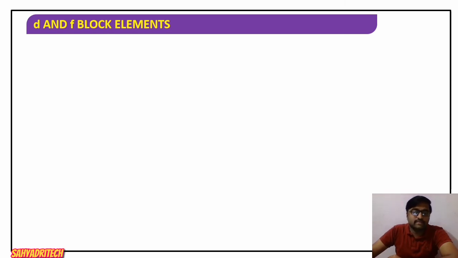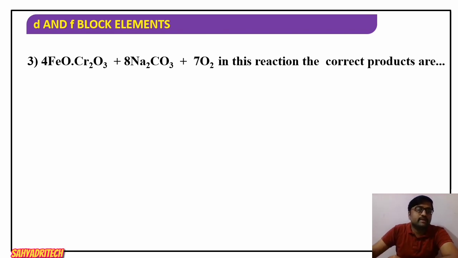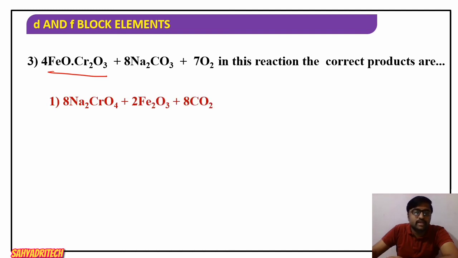Okay, well, next one, look at the equation 4FeO·Cr2O3 plus 8Na2CO3 plus 7O2. In this reaction, the correct products are? It is the first step of preparation of potassium dichromate. That chromite ore can be written in this form: 4FeO·Cr2O3. We have to think of the product formed here. First, 8Na2CrO4 plus 2Fe2O3 plus 8CO2.